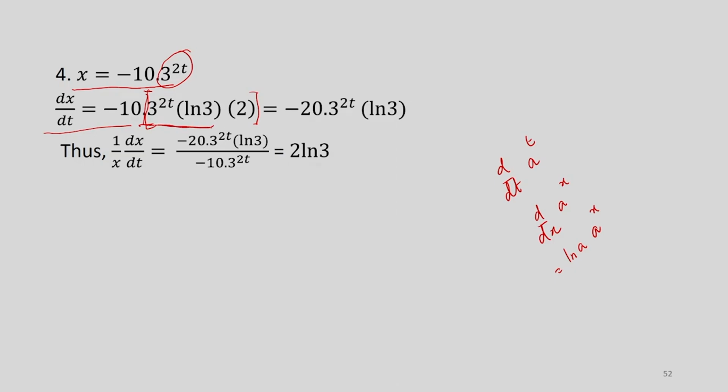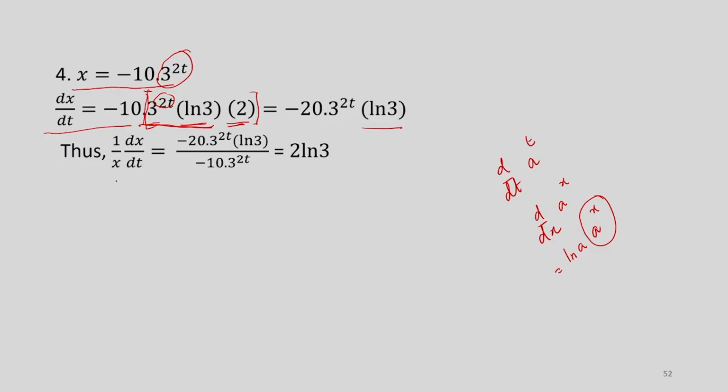So I am writing this as 3 to the power 2t, so that is a^x here, and log of a, here a is 3, so log of 3. But we are forgetting one more term, which is that there is a 2, which is the coefficient of t here, so that 2 will get multiplied. So all these terms are accounted for. In the next stage it becomes minus 20 multiplied by 3 to the power 2t multiplied by log of 3.